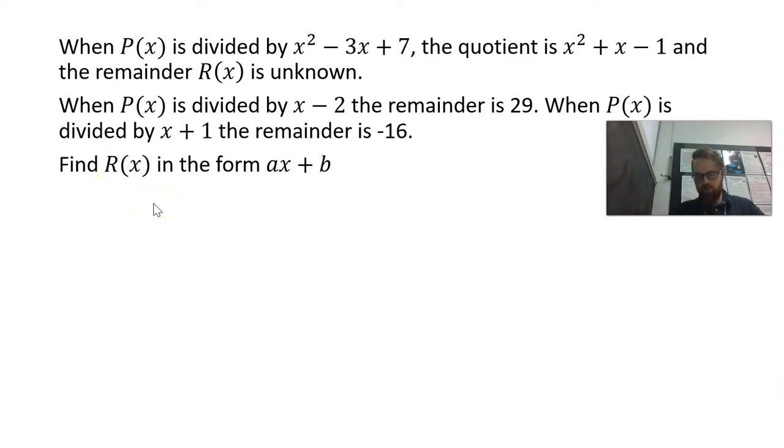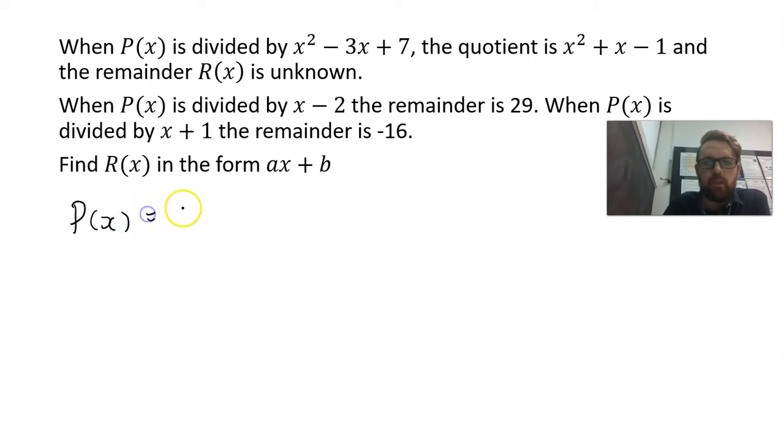The first thing we're going to do is write out, using the first bit of information that we've got, p of x equals our quotient, q of x, times our divisor, d of x, plus our remainder.